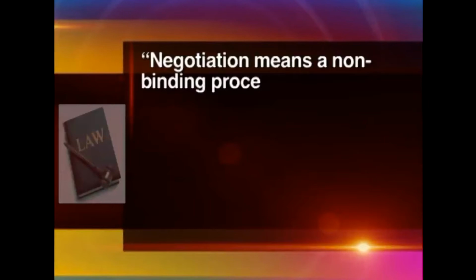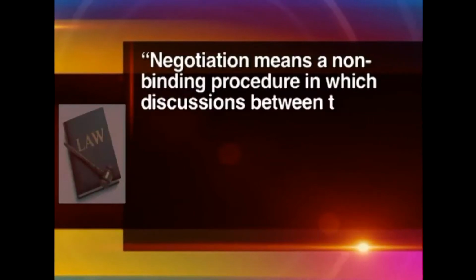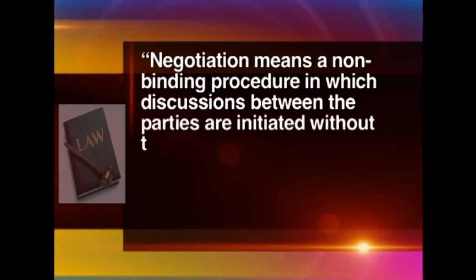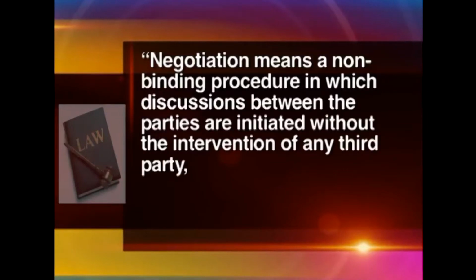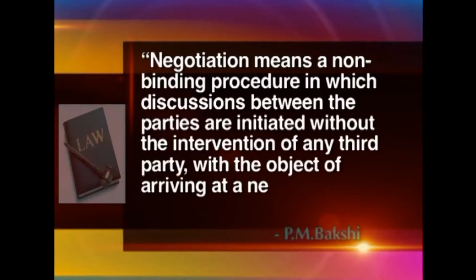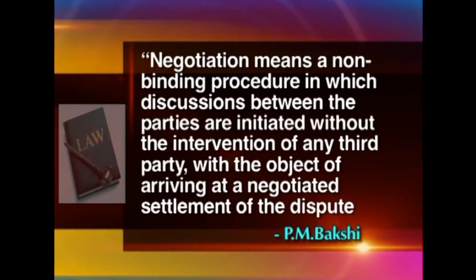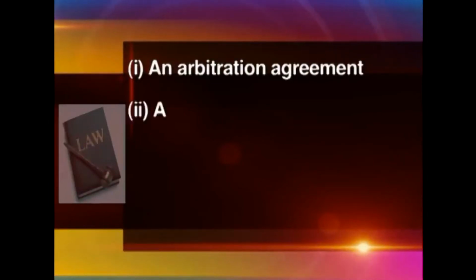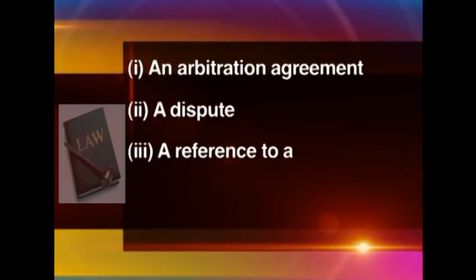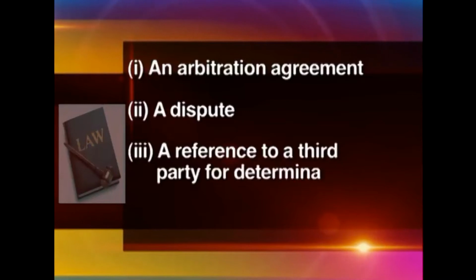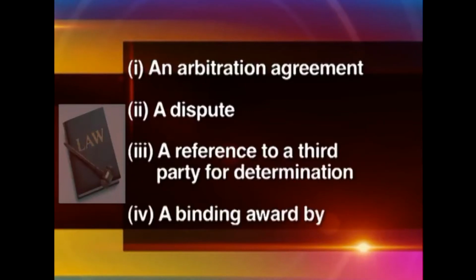According to P. M. Bakshi, arbitration is settlement of private dispute not by ordinary courts of law, but by a private or domestic tribunal. From these definitions, it can be observed that there are four core components of arbitration, that is, an arbitration agreement, a dispute, a reference to a third party for determination, and a binding award by a third party.